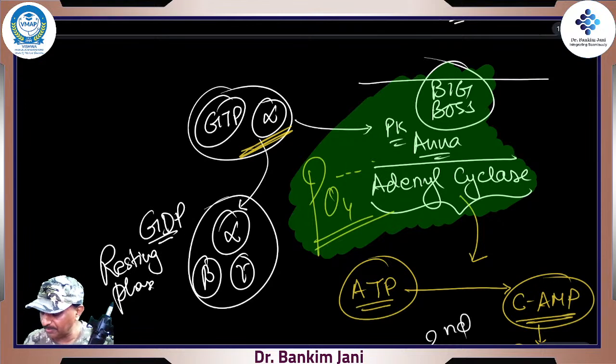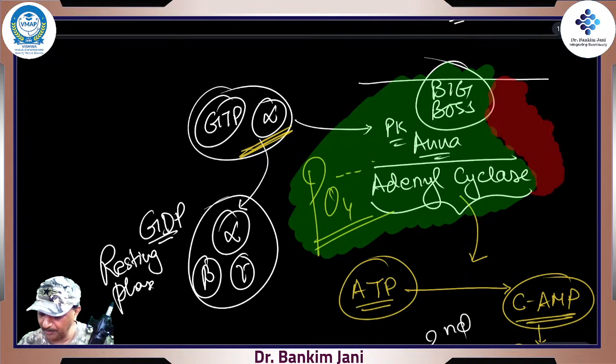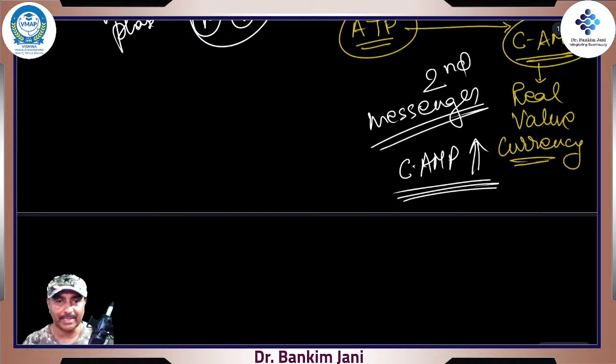But sometimes these pathways have another part also. We need to control them. So this red portion which I have drawn, just keep in mind it is coming soon. Right now it is this plus one. So here is our cyclic AMP. Final result is that cyclic AMP has increased.